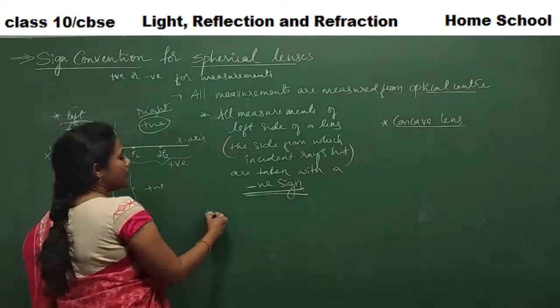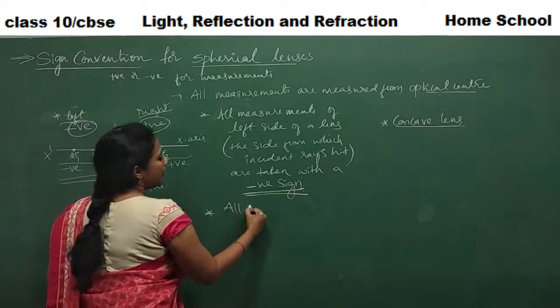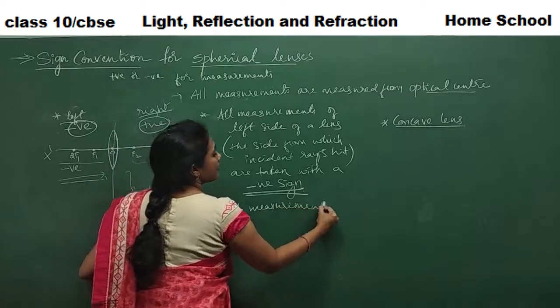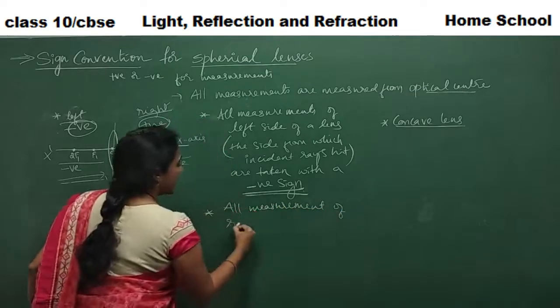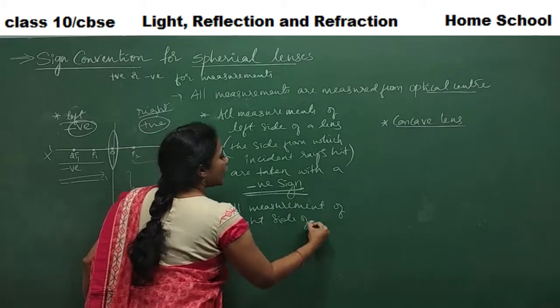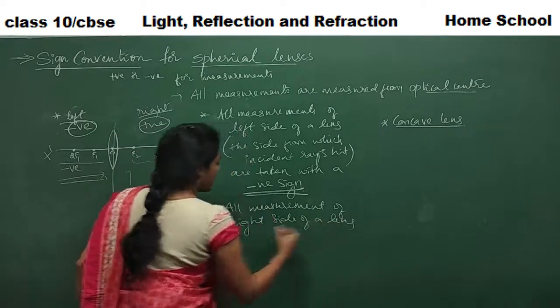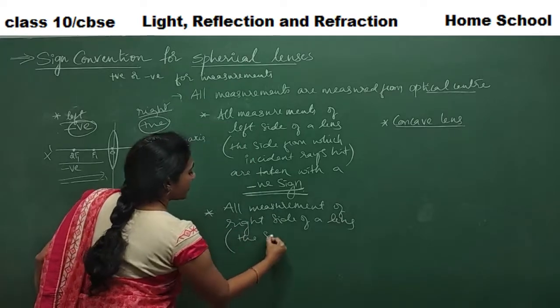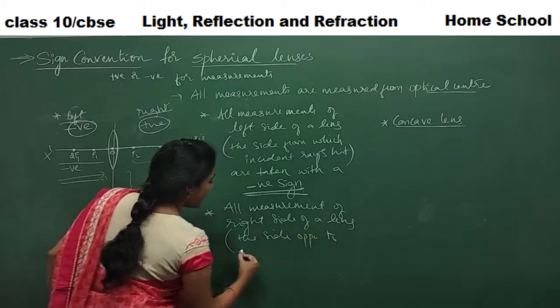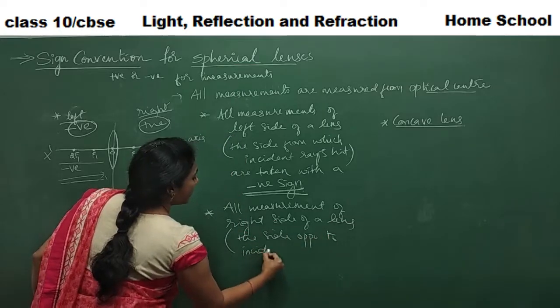And the next point is, all measurements of the right side of a lens, or the side opposite to incident rays, okay.